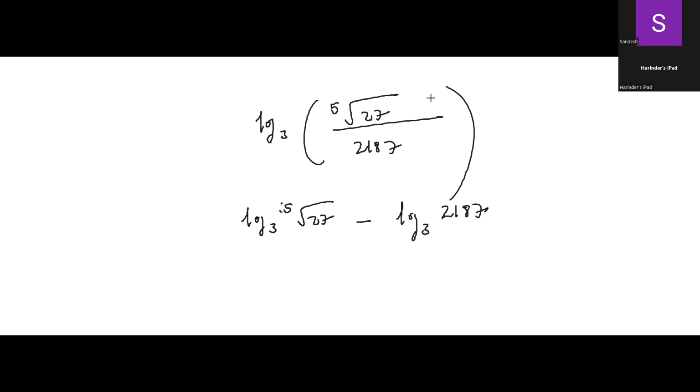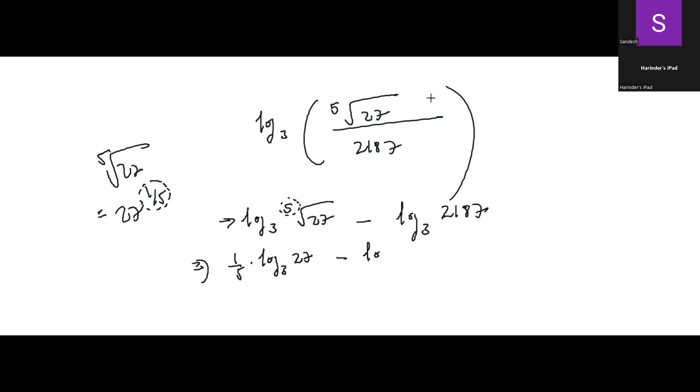The 5th root of 27 is the same thing as 27 to the power of 1 over 5. And because there's a log here, we're allowed to bring it all the way in front. So we get 1 over 5 times log base 3 of 27 minus log base 3 of 2187.